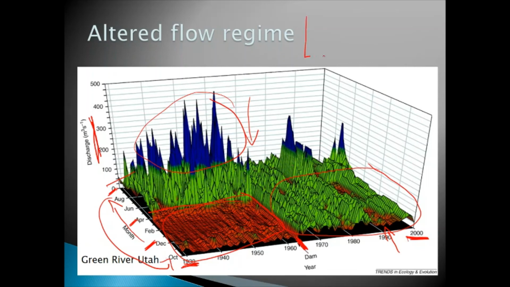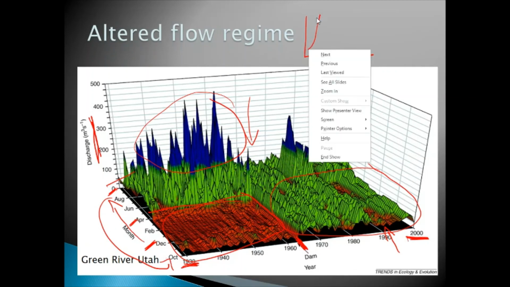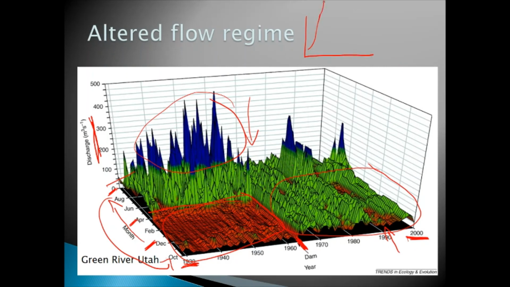So if you look at that on an individual hydrograph, what you would see before is these big, tall floods that would last for a long time, and then a lot of lower flow. Sorry, I should label these axes time and discharge.